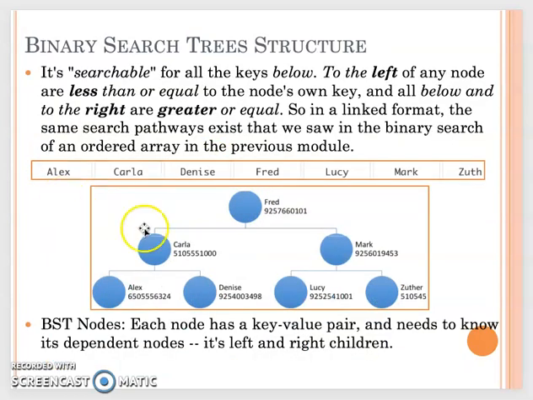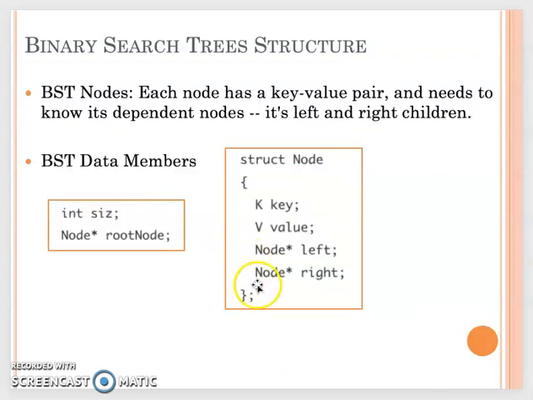So that's why, instead of using an array, we use our binary search node. Each node still has the key-value pair, but we also need to add the left and right children. So they become a linked list.